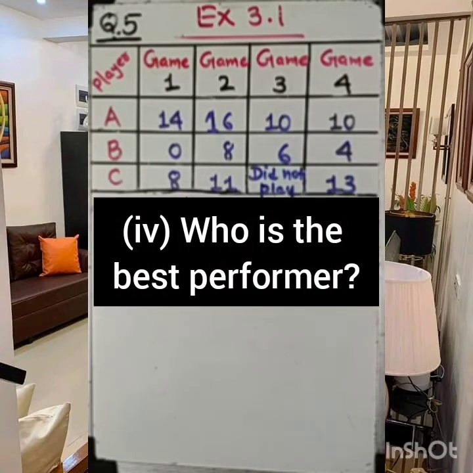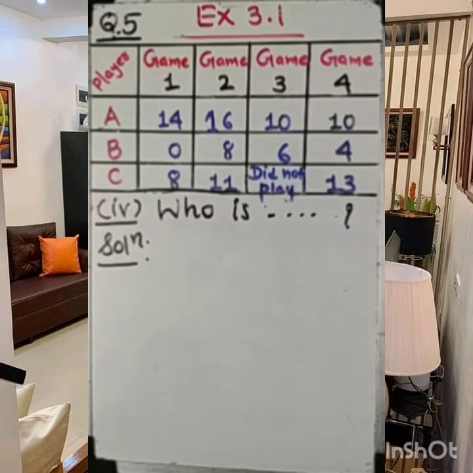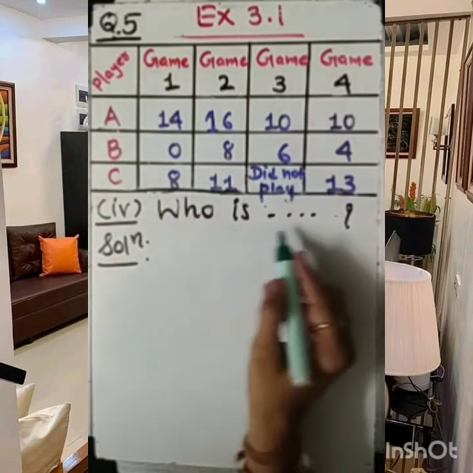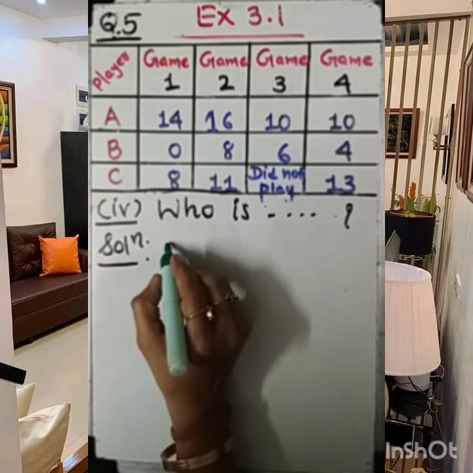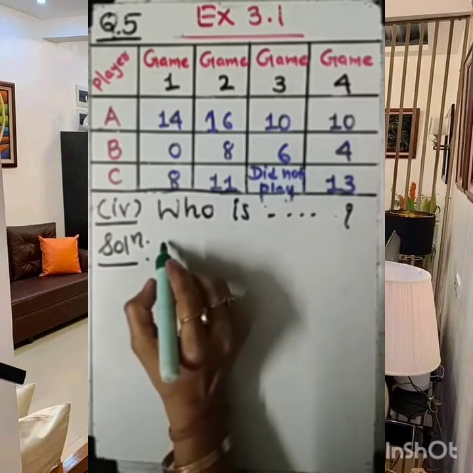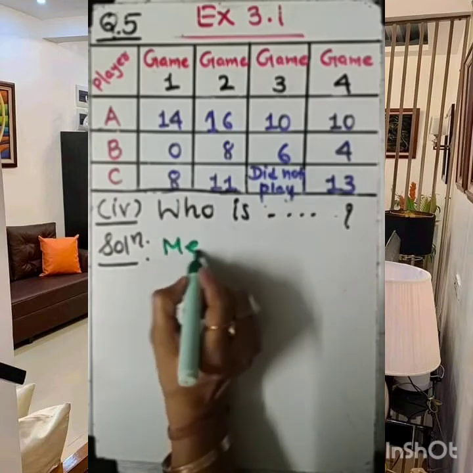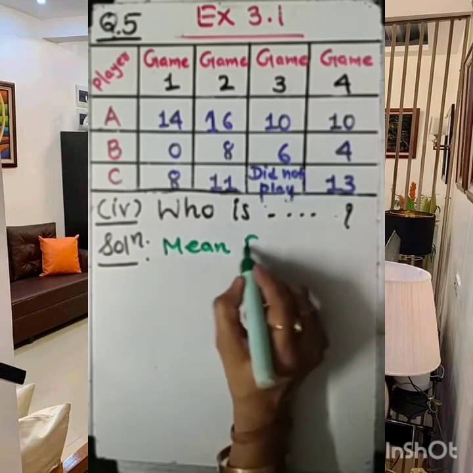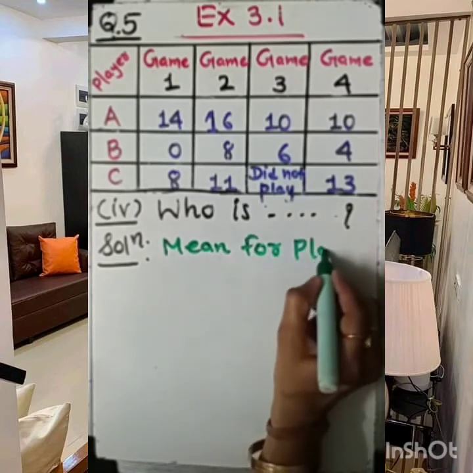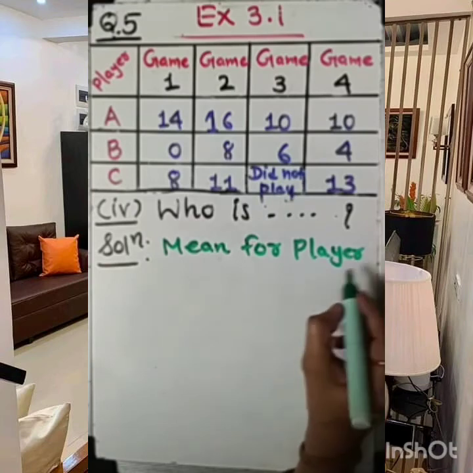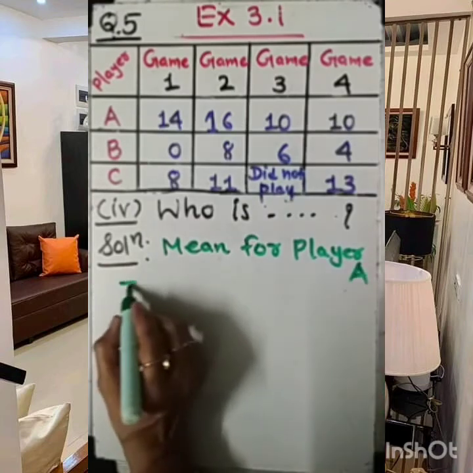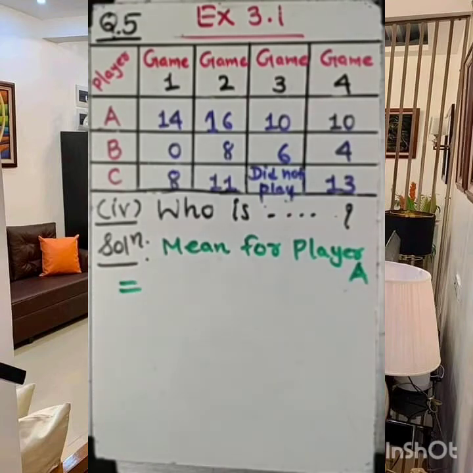So my dear student, question number 4 we are given, who is the best performer? For that, what do we have to do? For finding the best performer, we need to proceed like this. Look at your screen. First, we need to find the mean for player A. Very simple, very easy. In short, we are finding the mean of all three players.